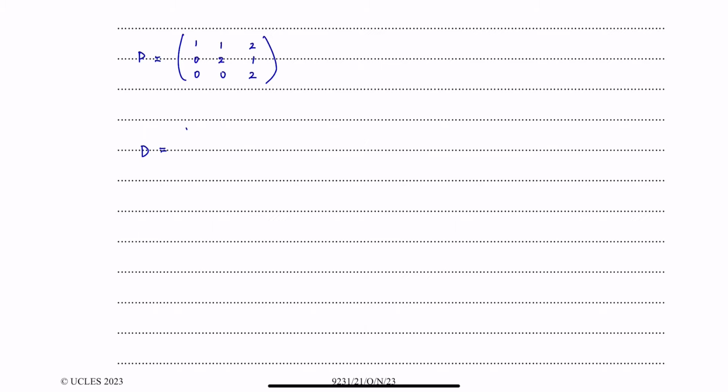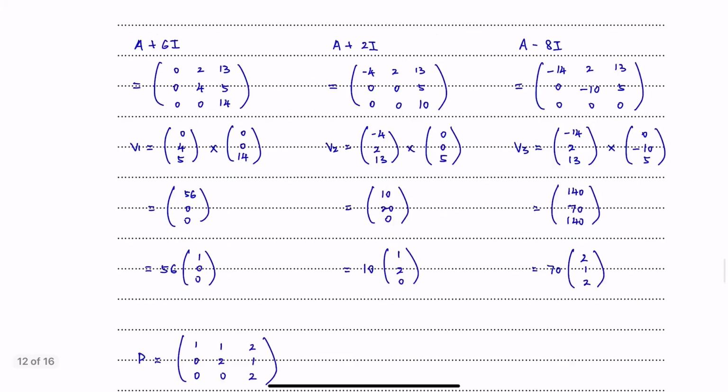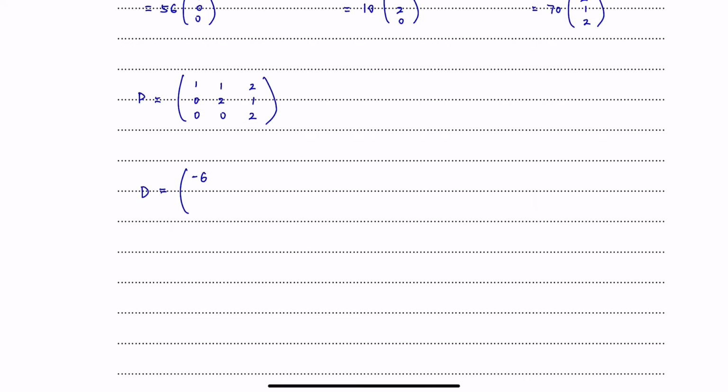D is the inverse of the first eigenvalue, which is -6, second is -2, and the third one is 8. So D would be the inverse of this matrix.